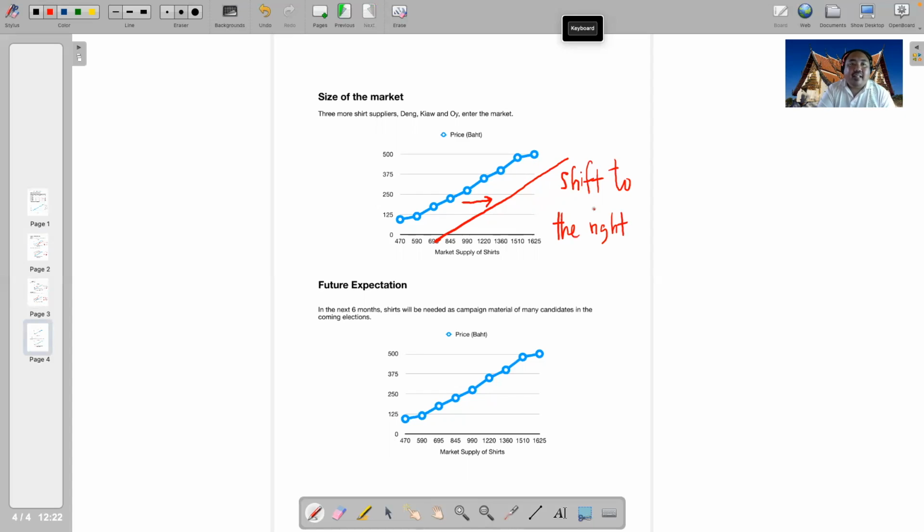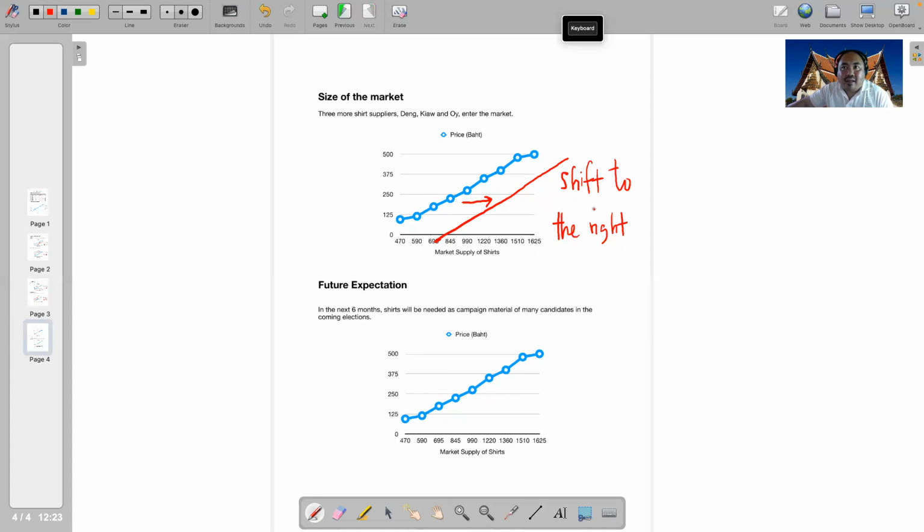Okay, now the last non-price determinant of supply we're going to discuss is future expectation. Our future expectation of things to come also will affect our supply in the market. Supposing we know that in the next 6 months, shirts will be needed as campaign material. Our candidates have chosen colors, and wherever they go, their supporters wear shirts of that color. And that means that in general, many shirts are needed in the market. Our suppliers are astute businessmen.